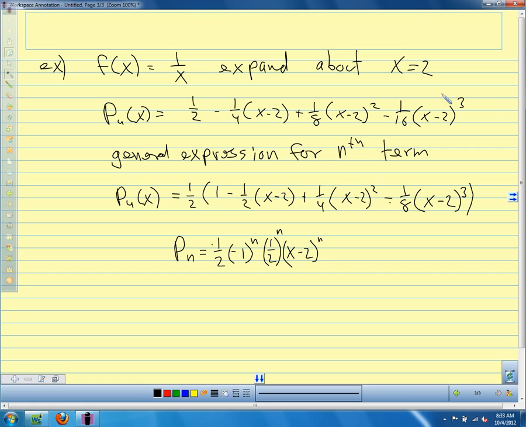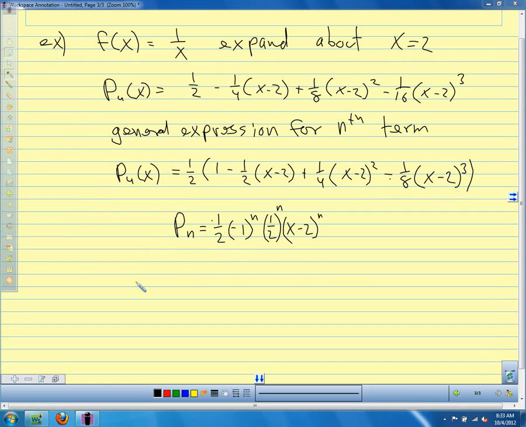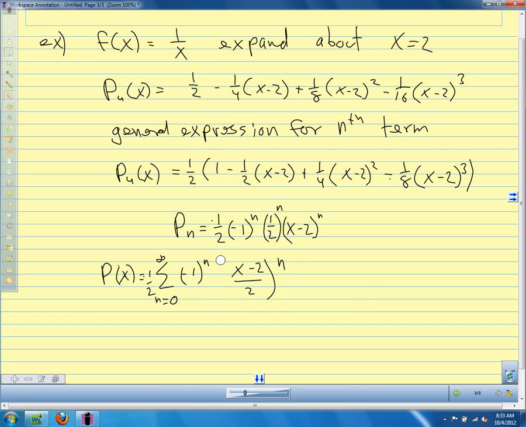So I could write my Taylor series as a sum, so p of x could be the sum from n equals 0 to infinity of 1/2 times (-1) to the n, and I'm going to put this 1/2 inside my parentheses and just say this is (x minus 2) over 2, to the n.